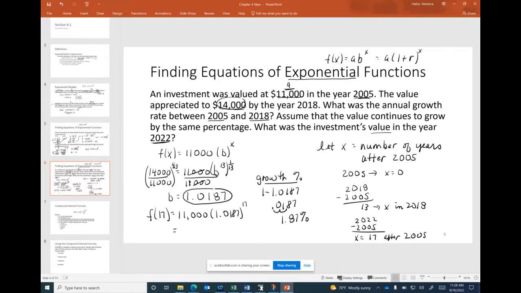And I can see that the value in that investment has grown to $15,072.31. All right. So with exponential functions, this base is the growth or decay factor, right? This B is the growth or decay factor. It can always be thought of as 1 plus or 1 minus some percentage, some growth or decay percentage.